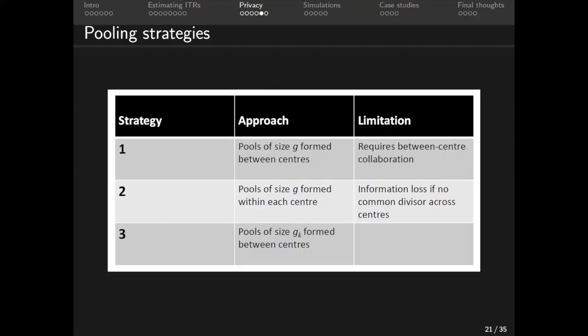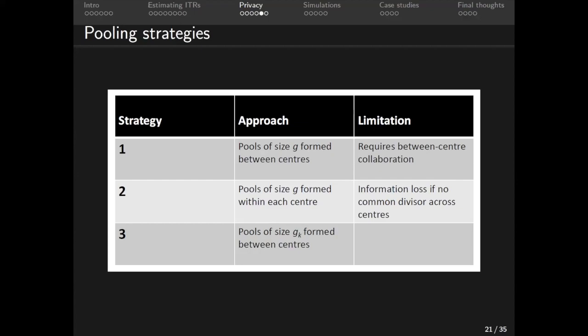So we looked at pools formed between centers. I will say it's not great. It's used in the literature, but I still don't think it makes sense in the context of privacy, because pooling across centers, as I said, requires some sharing of data across centers, which is what we're trying to avoid.